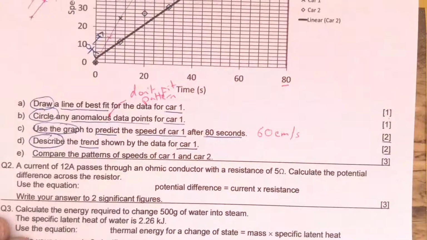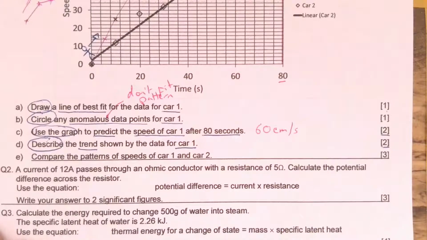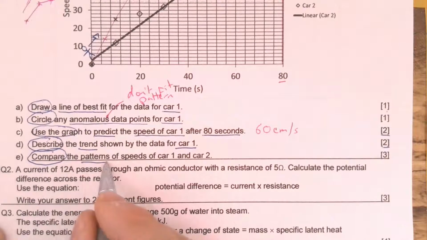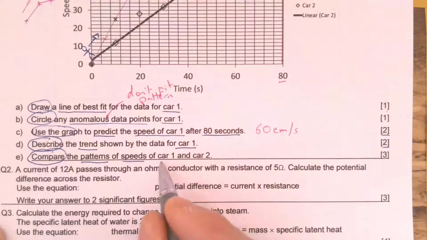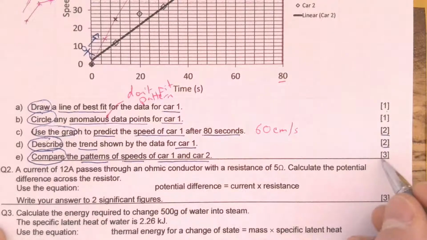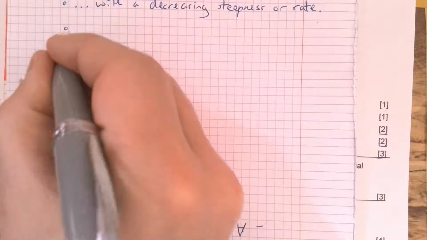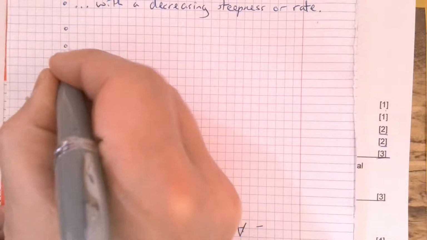Question E. Cub this question, please. Compare the patterns, speeds of car 1 and car 2. 3 marks, so 3 bullet points for this one. So 1, 2, 3.